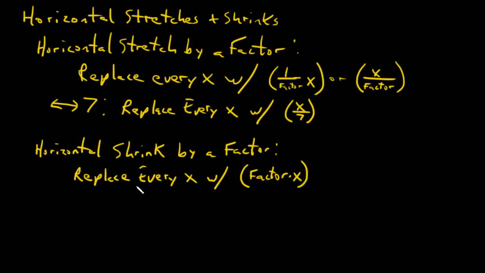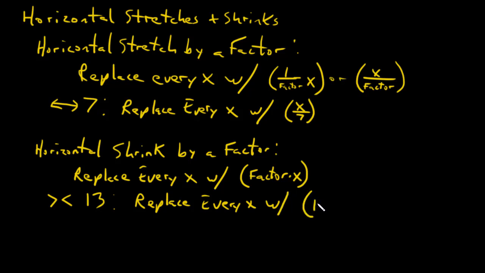So for example, if I wanted to bring it in, shrink it horizontally by a factor of maybe 13, I'm going to replace every x with, drum roll, yep, 13 times x.